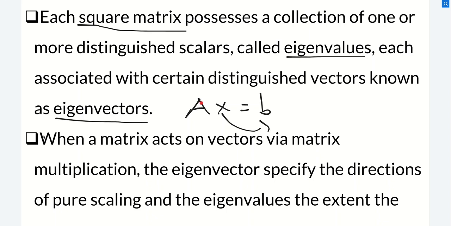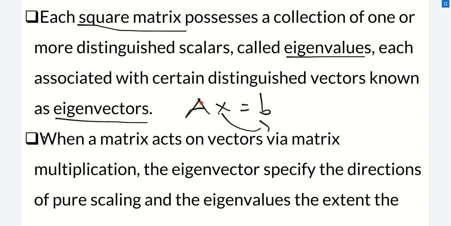We are transforming the X to B using this transformation, which is the A. Right. So when a matrix acts on a vector via matrix multiplication, the eigenvector specifies one, the direction of pure scaling, and the eigenvalue specifies the extent. So there are terms that we are going to use over here, such as stretching and shrinking. The eigenvector determines the direction.